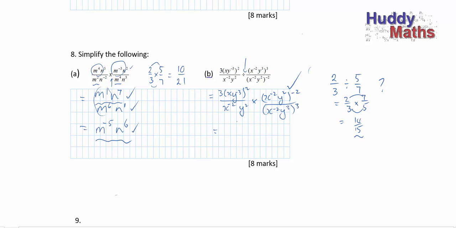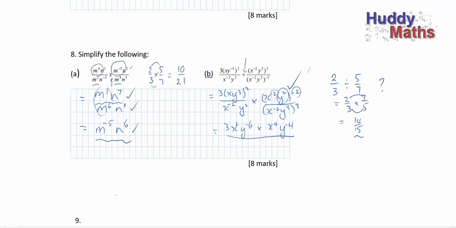Okay, so let's have a look now at the top line over here. This is x squared, y to the, now that's -3, so that's y to the -6, times by here, -2 to the -2 is x to the 4, y to the 2 to the -2 is y to the -4.